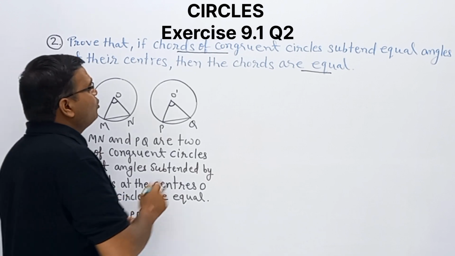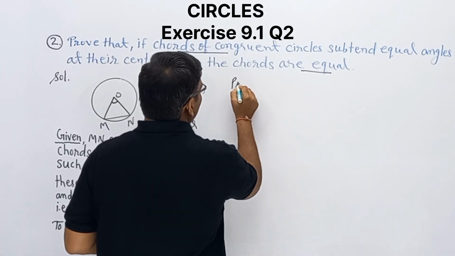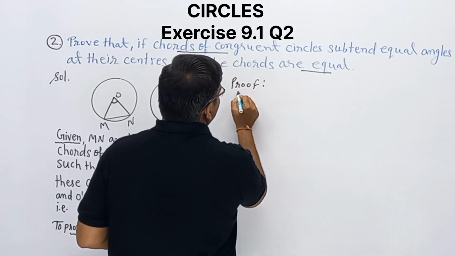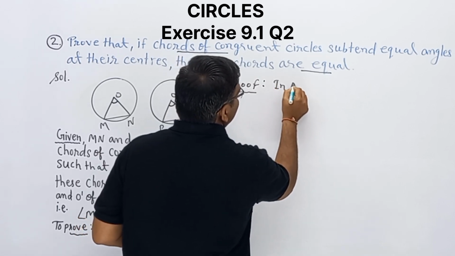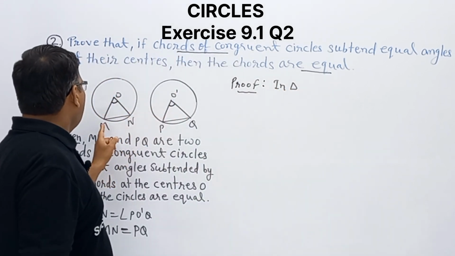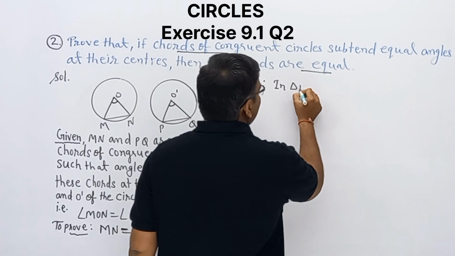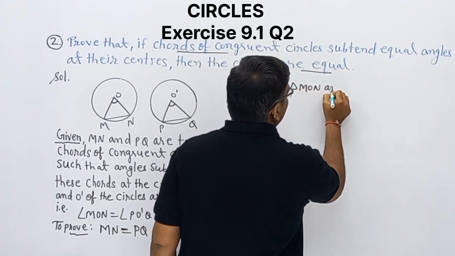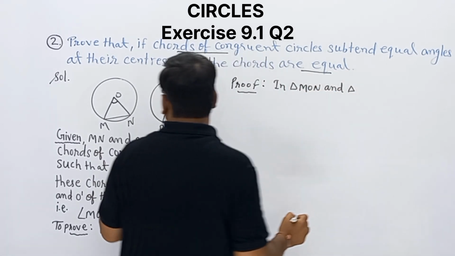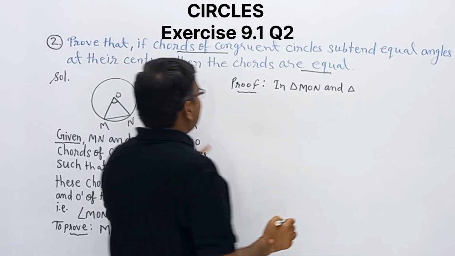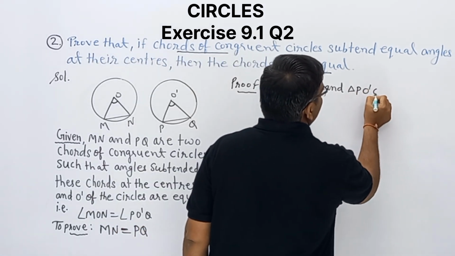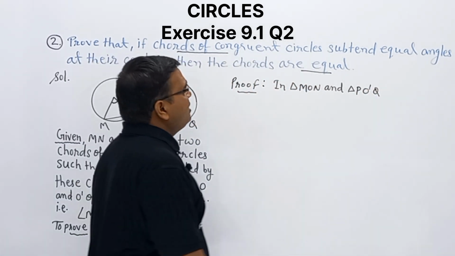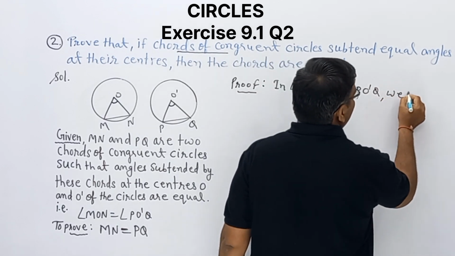So how will we prove it? Observe the proof. Take two triangles, triangle MON and triangle PO'Q. Clear?